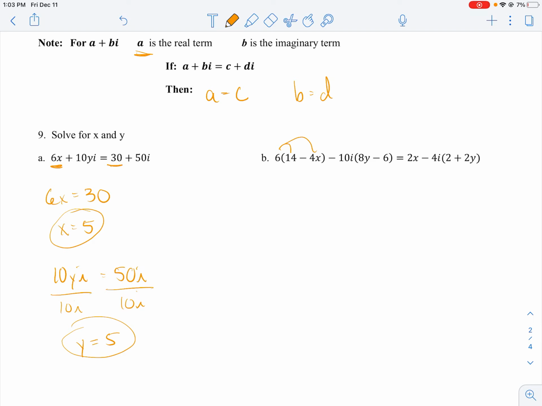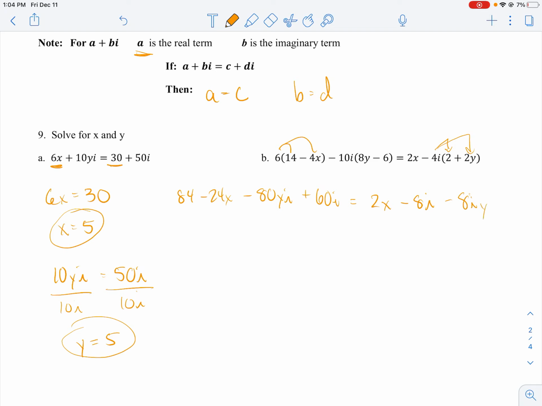So 6 times 14 is equal to 84 minus 24x minus 80yi plus 60i, I'm going to run out of room here, is equal to, so then 2x minus, and I've got to distribute this 4i here, so we're going to get a negative 8i minus 8yi.